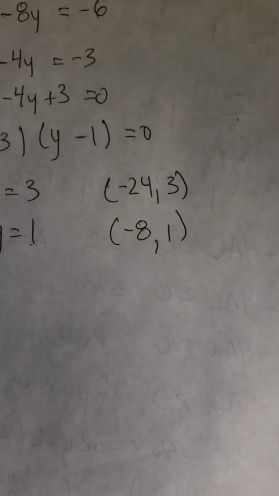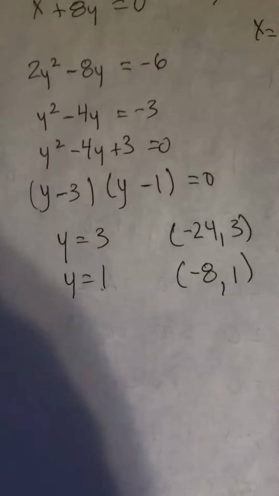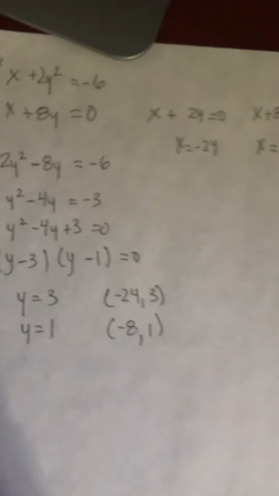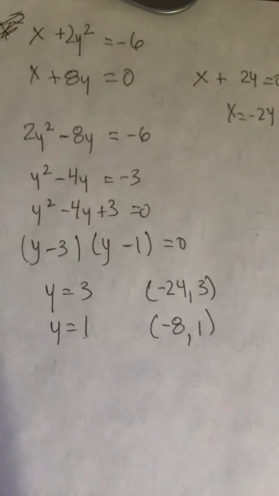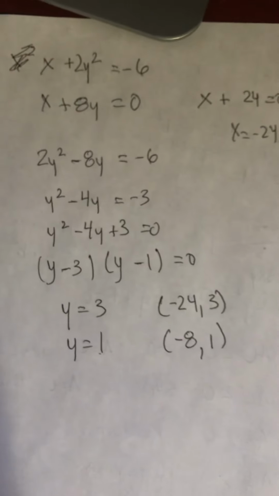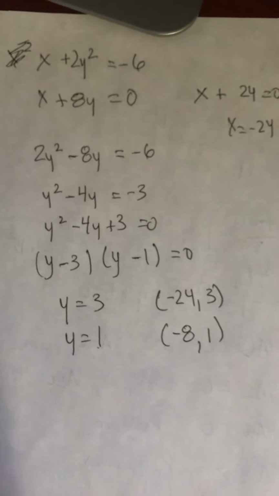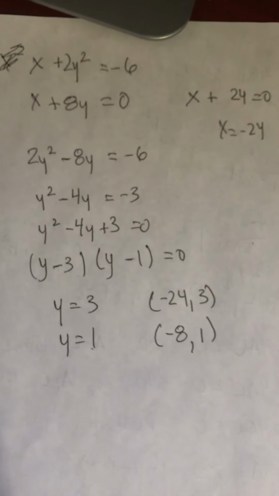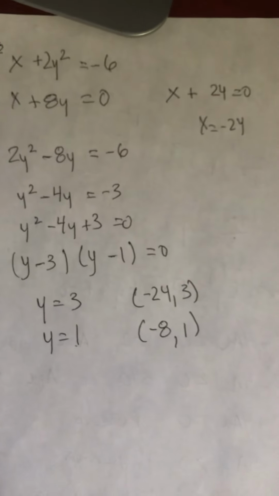There's my 2 solutions. Now remember, when you have a system of equations involving conic sections, you can have as many as 4 possible answers, 4 possible ordered pairs that'll work, and you can have as few as no solution, right? So you can have 4, 3, 2, or 1.